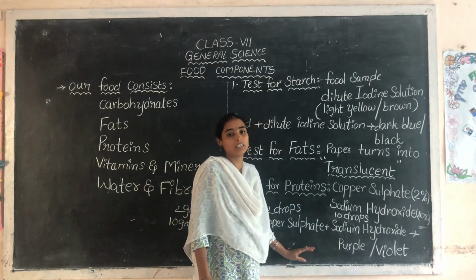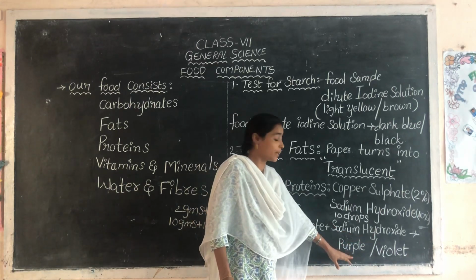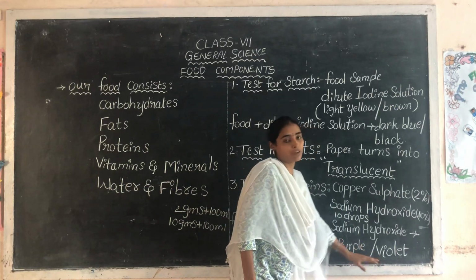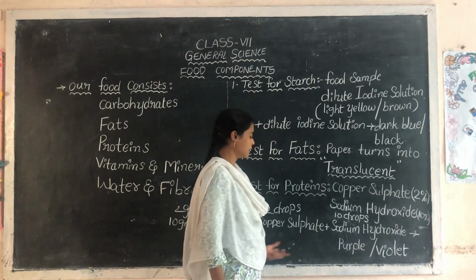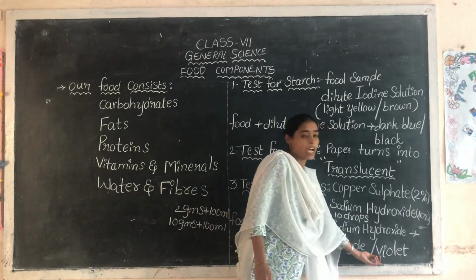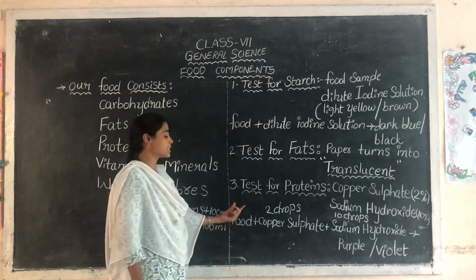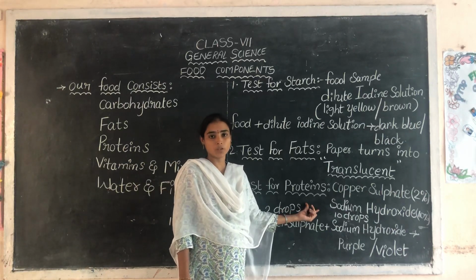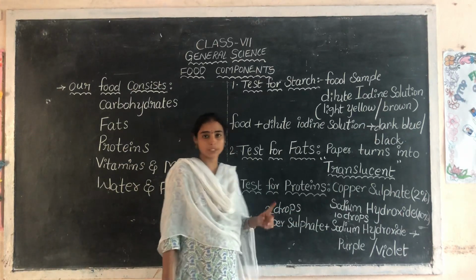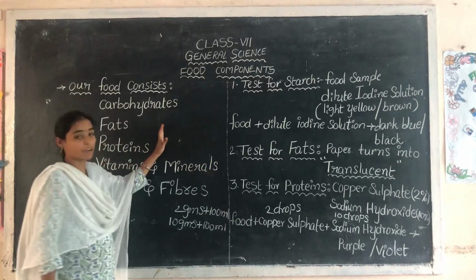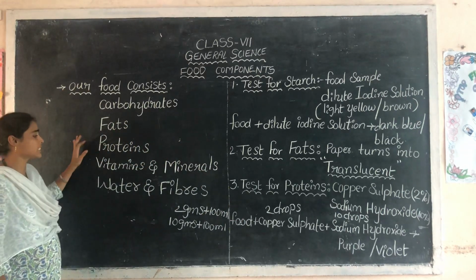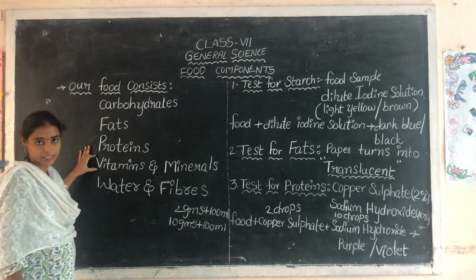Our food color turns into the purple color or violet color. If we get the food sample color purple or violet, our food component consists of the proteins. Okay. Once remembered, our food consists of the carbohydrates, fats, proteins, vitamins and minerals.